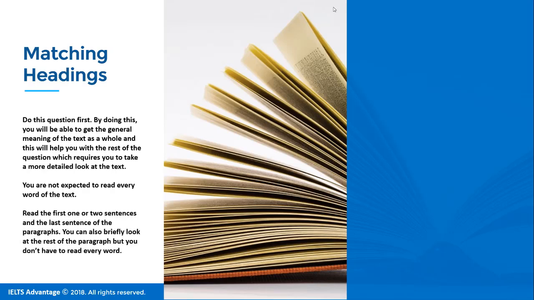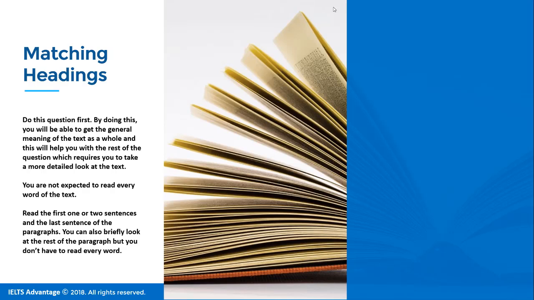Read the first 1 or 2 sentences and the last sentence of the paragraph. You can also briefly look at the rest of the paragraph, but you don't have to read every word. Alright, so it's not just about reading the first sentence and the last sentence. That's not what it is. Might be reading the first sentence and the second sentence, maybe even the third sentence and the last sentence. But also you might need to read in between quickly.